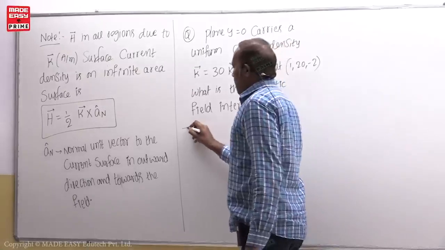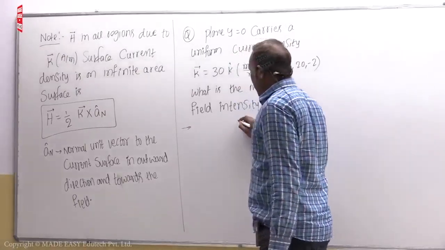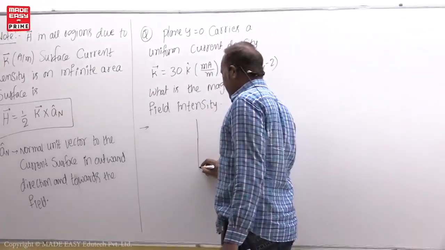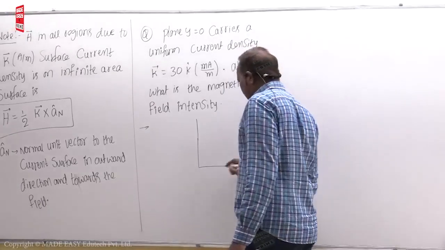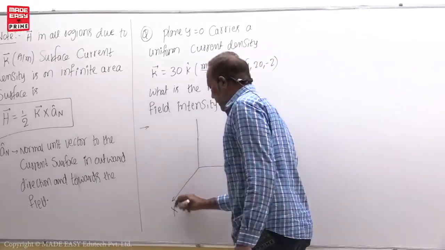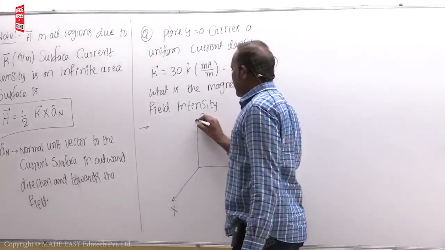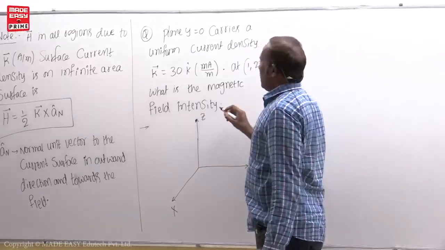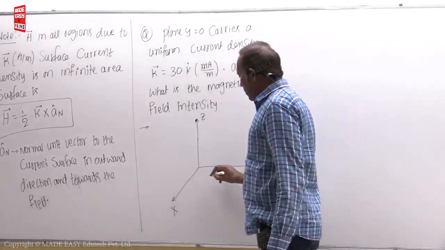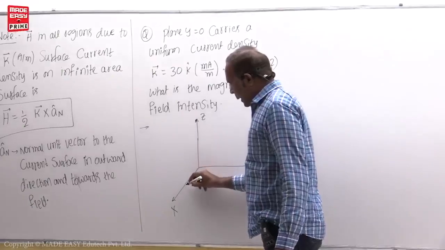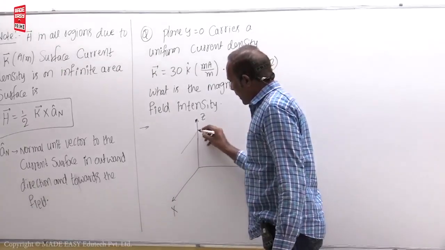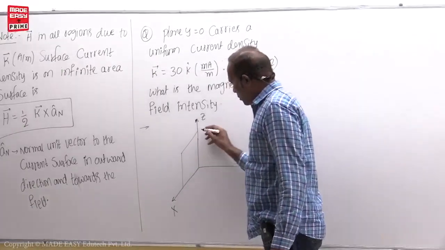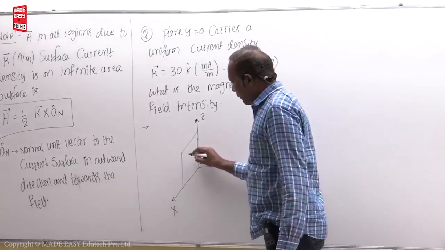Now I am drawing the diagram for your convenience. This is the y axis, this is the x axis, this is the z axis. Y is equal to 0 means the xz plane. Draw a line parallel to x, draw a line parallel to z. So this is the surface actually.